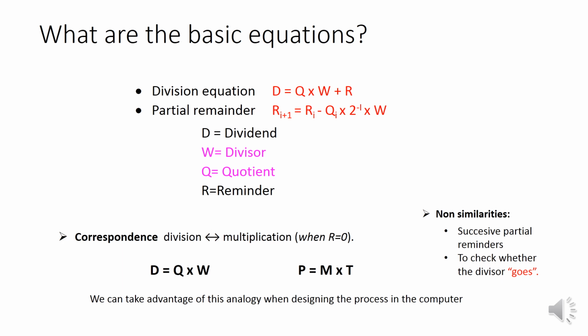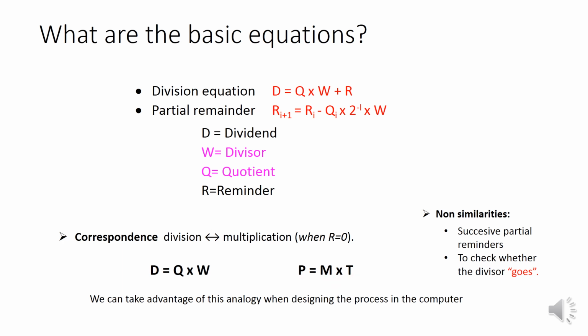At the end of this presentation, an additional slide is included as an appendix to explain this in more detail. Now we can easily observe that when the remainder is 0, there is an analogy between the multiplication and division. The division equation is this, and the multiplication equation is this.